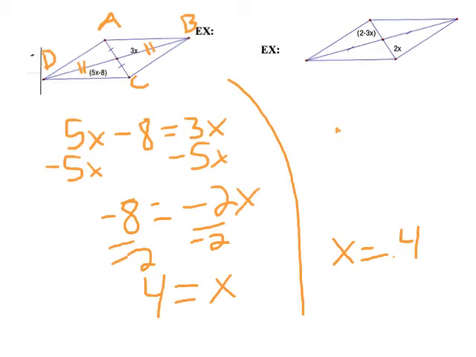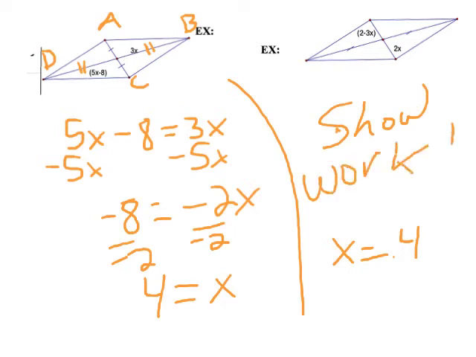Remember, for credit on your notes, you need to show that work. That's it for section 8.3. We're going to do some more examples probably in class, but it's very similar to 8.2. So good luck on your homework, and we'll see you in class tomorrow.